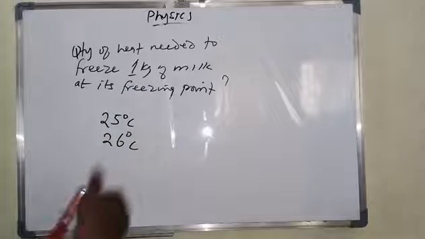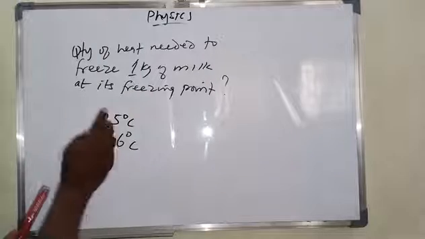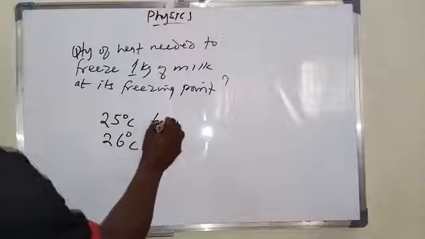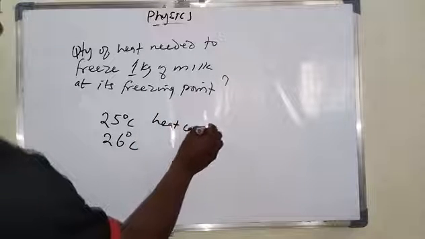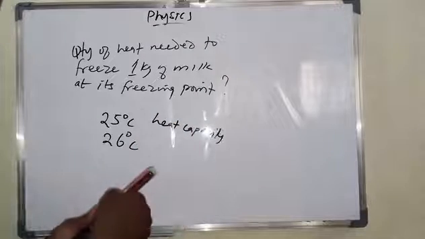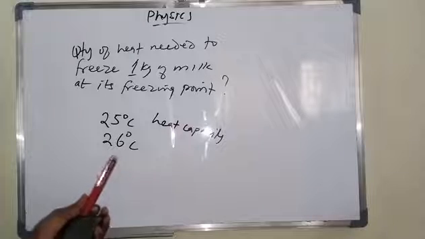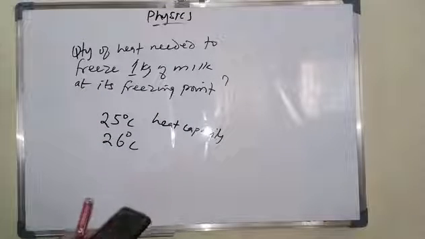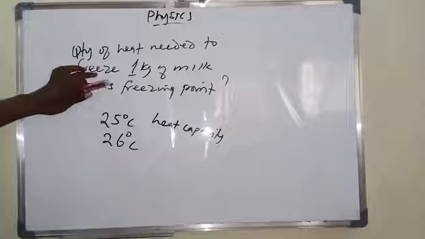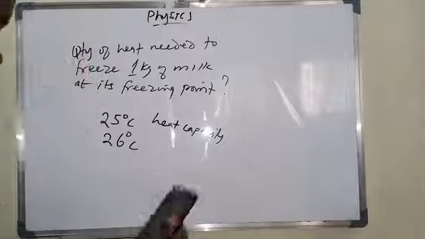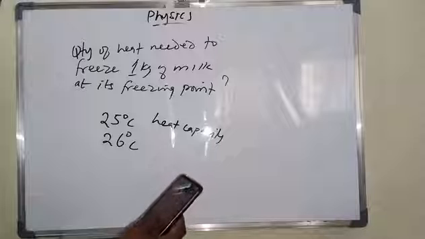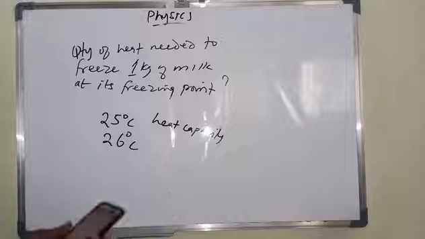How much heat should you apply to lift its temperature by 1 degree? That is heat capacity. Then it is not about the heat required to freeze 1 kilogram of a substance.